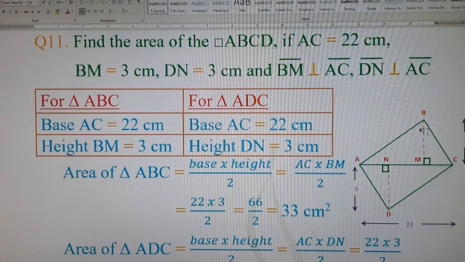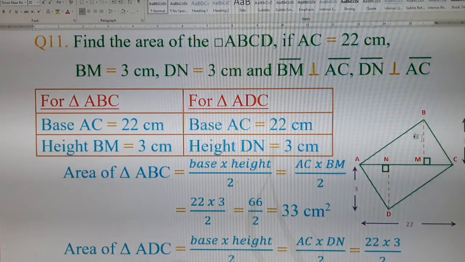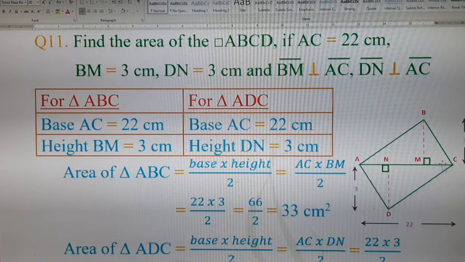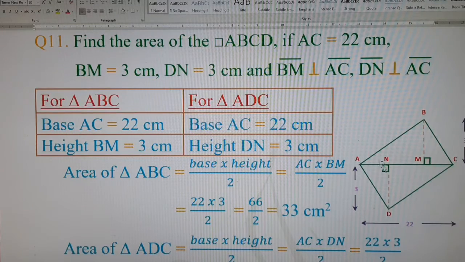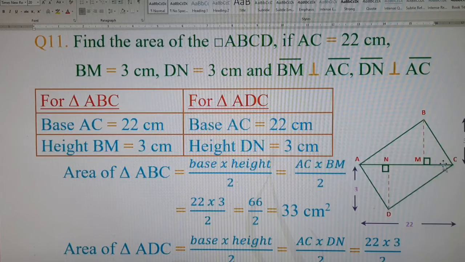Let us check it out in the diagram. Line segment BM, that is this vertical line, is perpendicular to line segment AC. AC is the diagonal which is passing through the center of this quadrilateral and joining the two opposite vertices A and C of this quadrilateral.